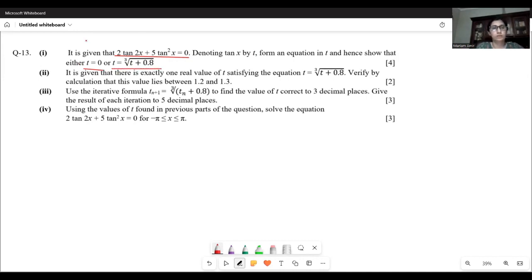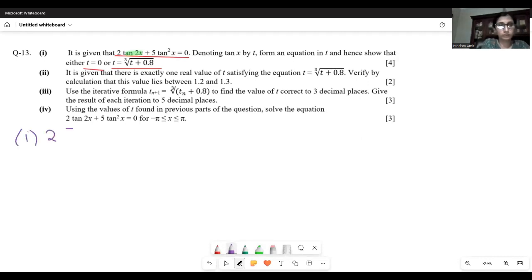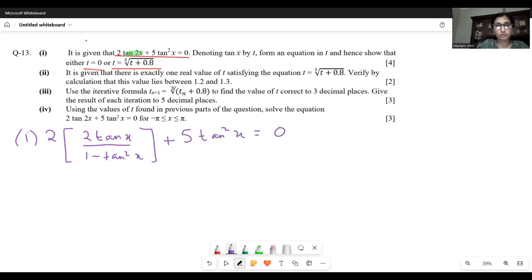Okay, let's see. For tan 2x, we're going to use the double angle identity. Tan 2x is 2 tan x upon 1 minus tan square x, plus 5 tan square x is equal to 0. Now we're going to replace tan x with t.